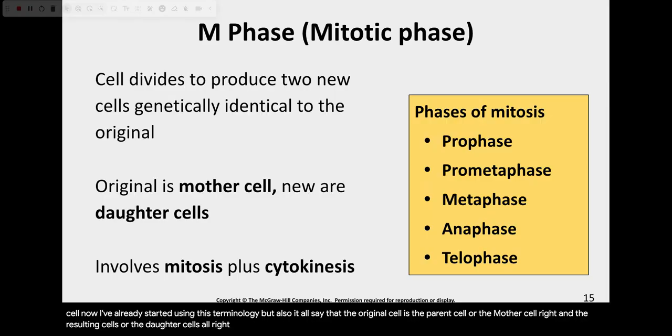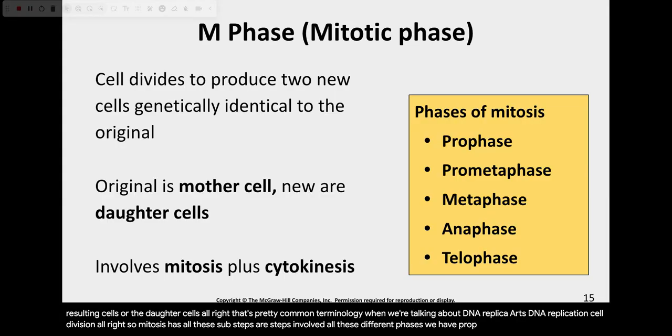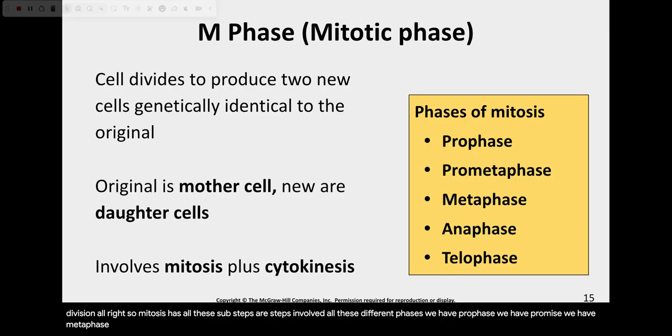That's pretty common terminology when we're talking about DNA replication, cell division. All right, so mitosis has all of these different phases. We have prophase, prometaphase, metaphase, anaphase, and finally telophase.